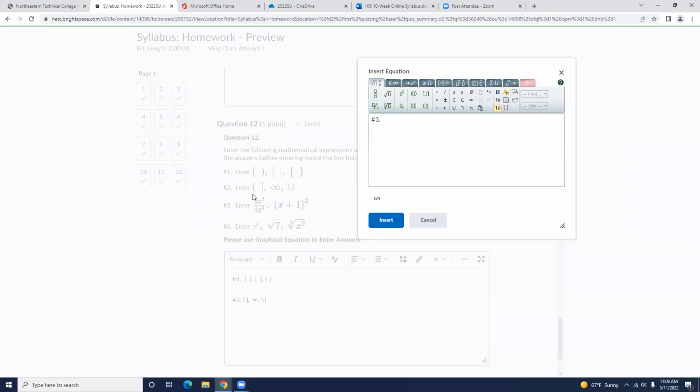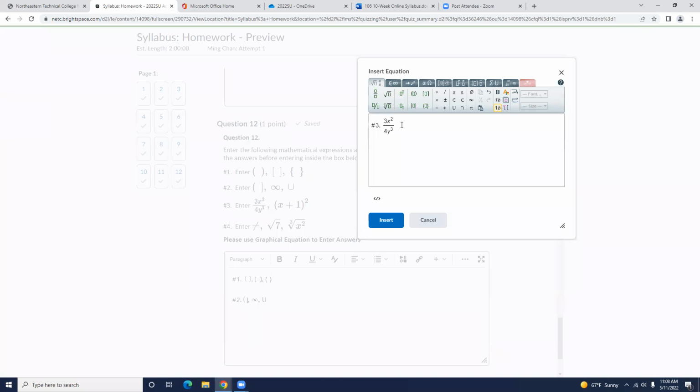Number 3 is a fraction bar with exponents. You start off with the fraction bar. On the top, we're typing 3x, and the exponent is this button, to the second power. Click down here in the bottom box, 4y, and then the exponent to the third power.